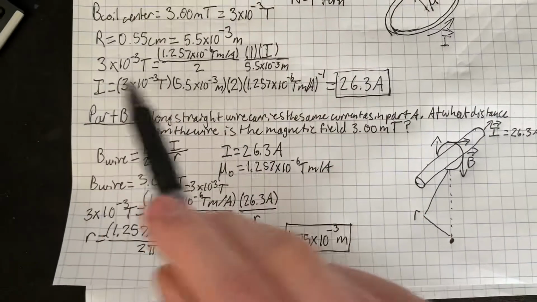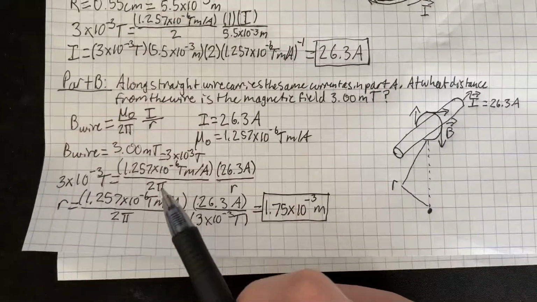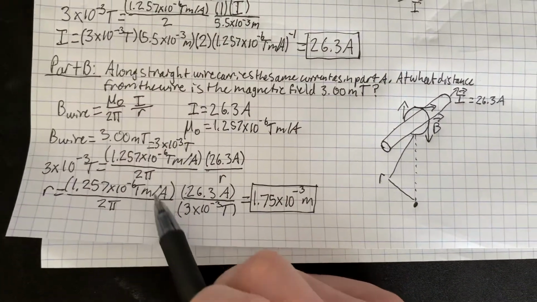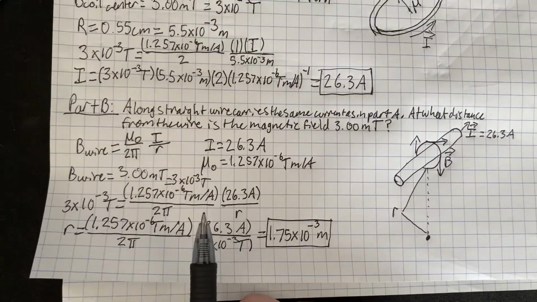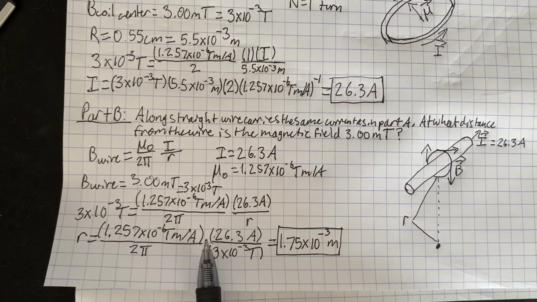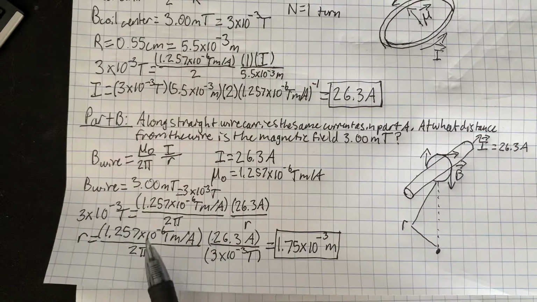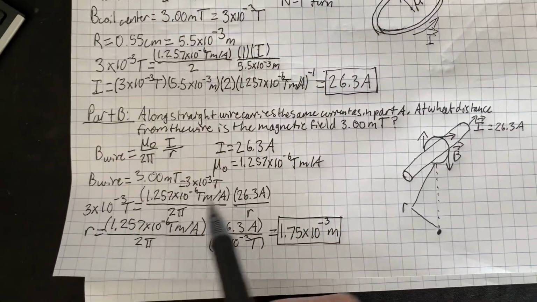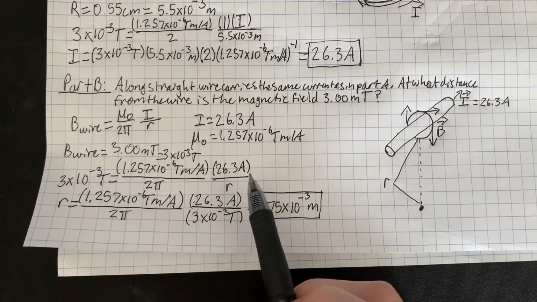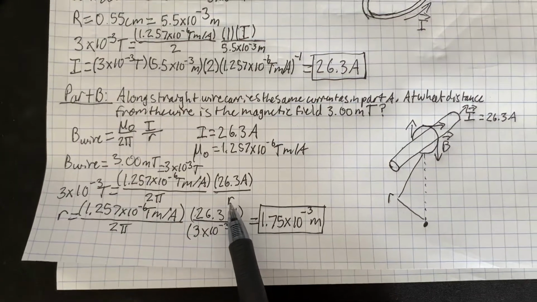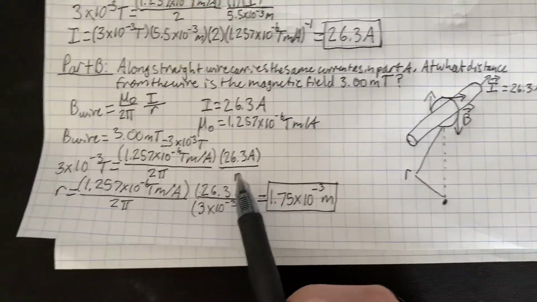And again, I did this in the same way as in part A, and I wish that I had rearranged it differently, but you can kind of just see where everything's going. So we have our constant divided by 2 pi times 26.3 amps divided by our distance from the wire.